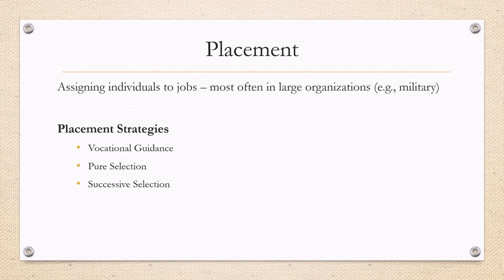So a vocational guidance strategy would be based on what individuals want, or preferences. This is not always practical in organizations. So this would be allowing students to choose a major.